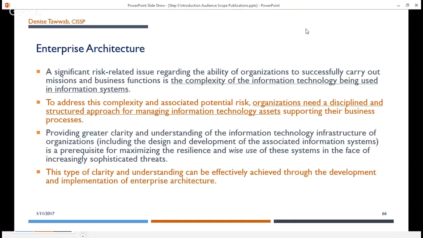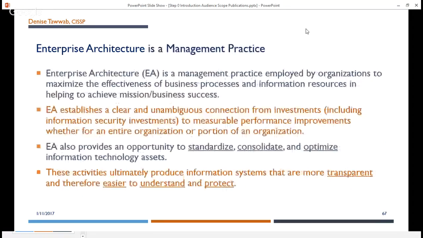Providing greater clarity and understanding of the information technology infrastructure of your organization, including the design and development of the associated systems, is a prerequisite for maximizing the resilience and wise use of systems in the face of increasingly sophisticated threats. The type of clarity and understanding can be effectively achieved through the development and implementation of enterprise architecture.